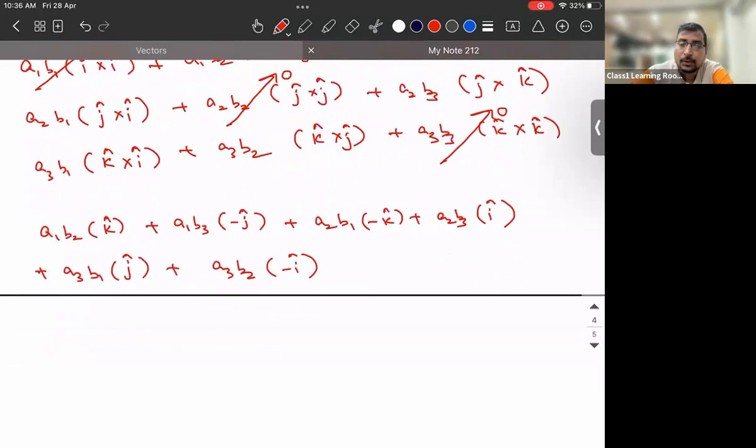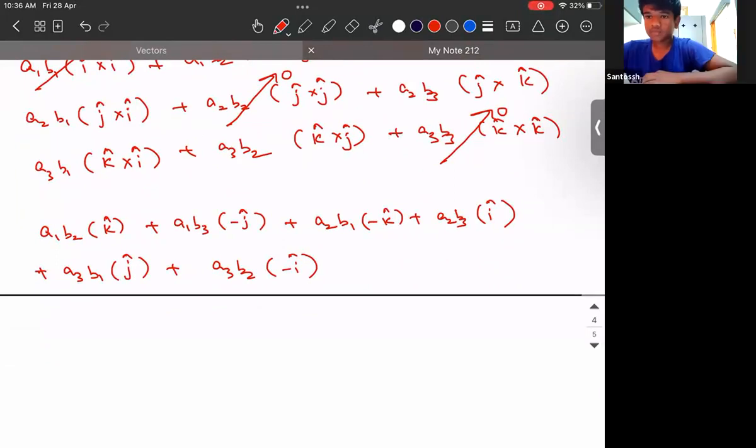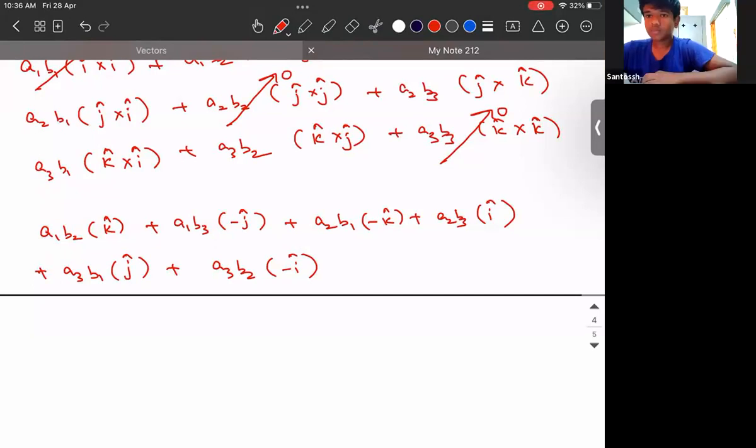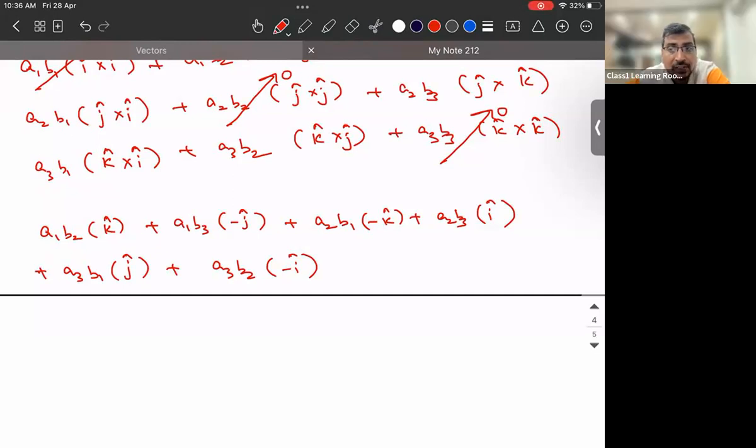Everything is a combination of AB, look at the subscript. So if A1 B2 is K cap, then A2 B1 will be minus K cap. Similarly, if A1 B3 is minus J cap, A3 B1 will be plus J cap. Similarly, A2 B3 is I cap, then A3 B2 will be negative of I.